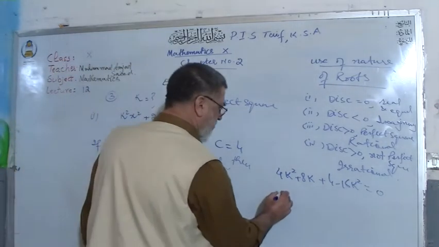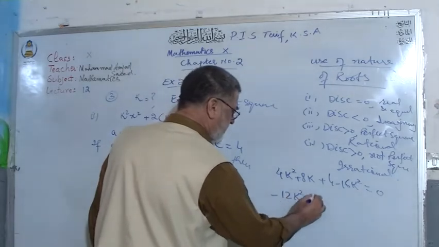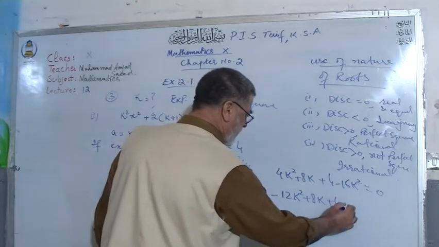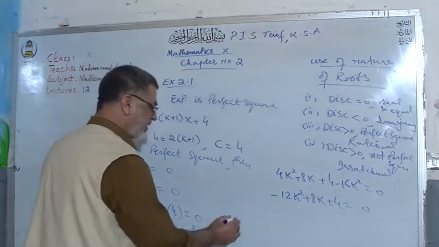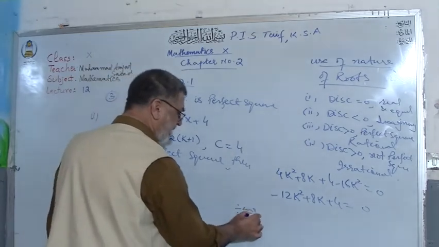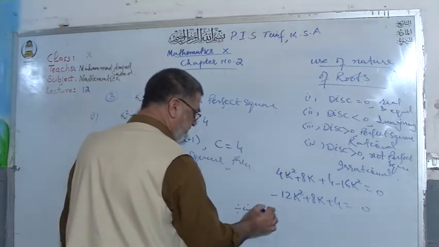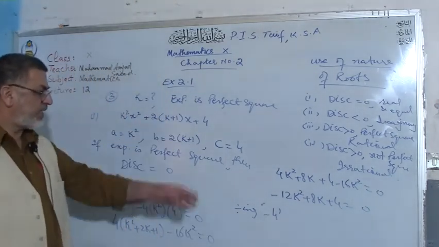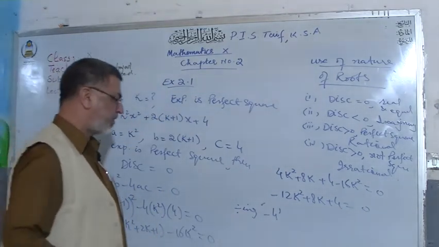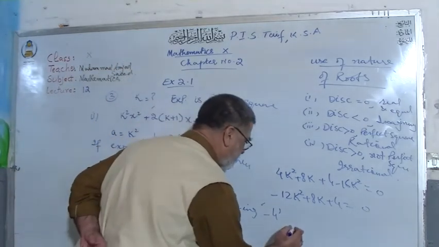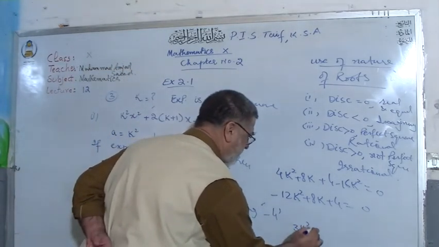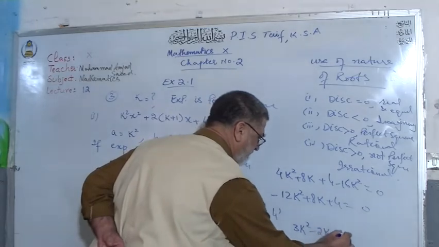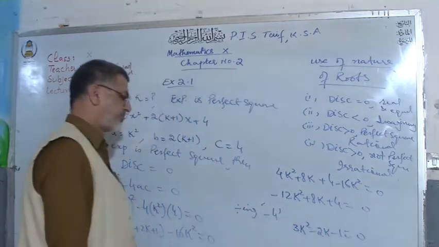Here is minus 12k square plus 8k plus 4 is equal to 0. Dividing throughout by minus 4, you will have 3k square minus 2k minus 1 is equal to 0.